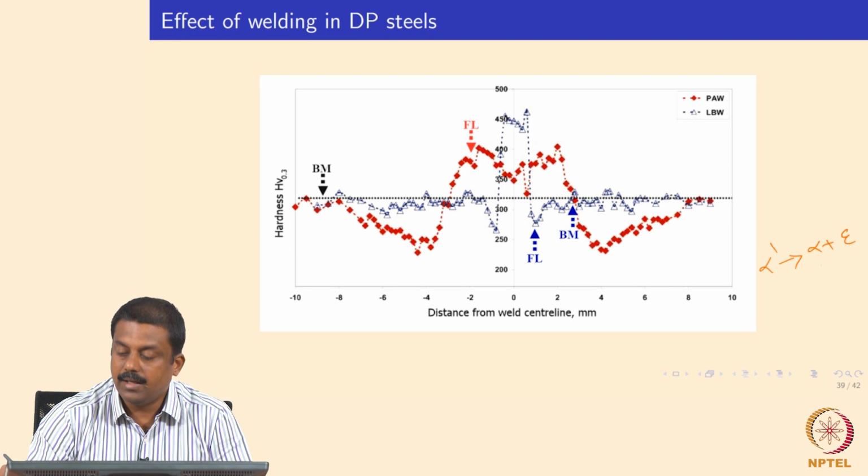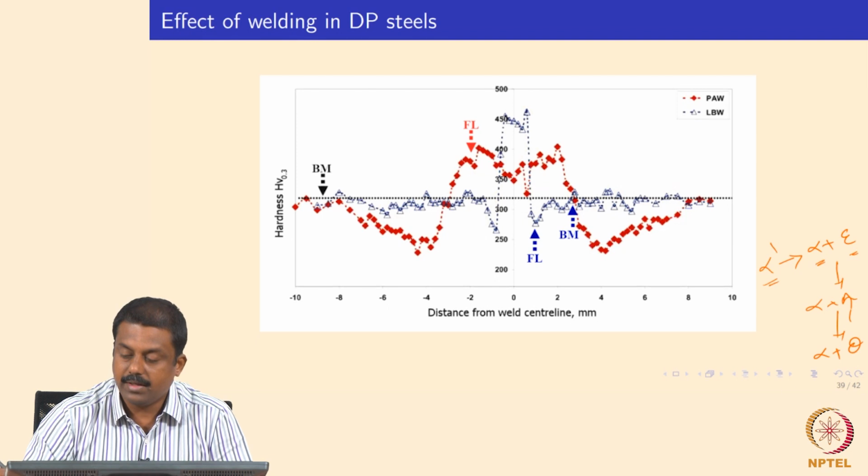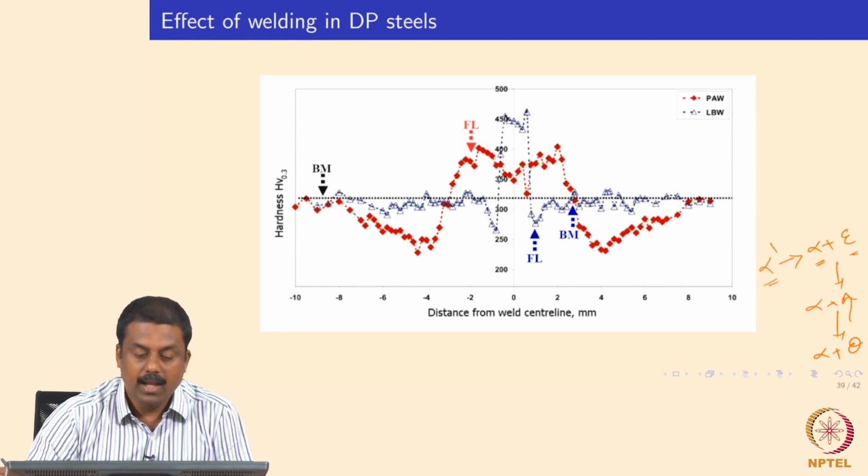The martensite would again transform to a mixture of ferrite and cementite, in the same way as I explained for the austenite. Your martensite would also transform into ferrite and carbide mixtures in the same manner.